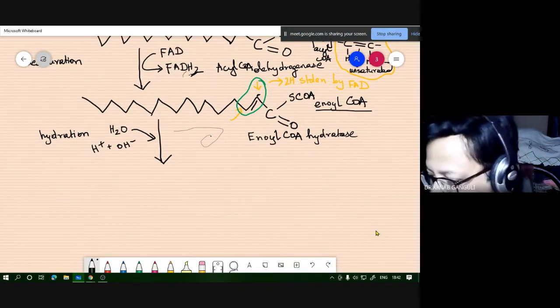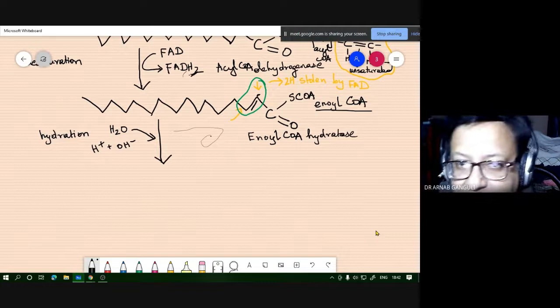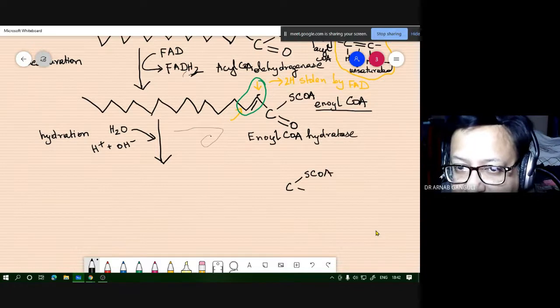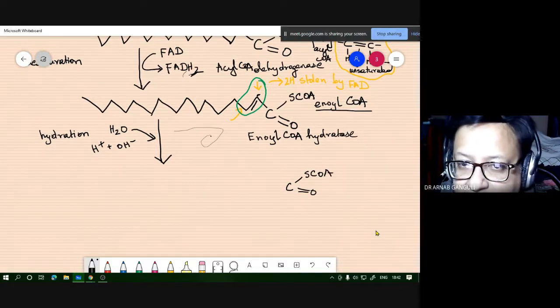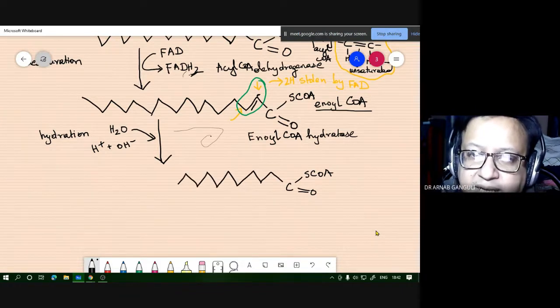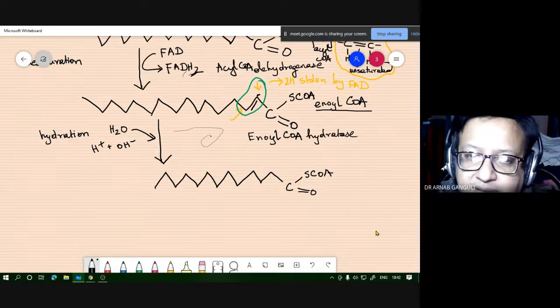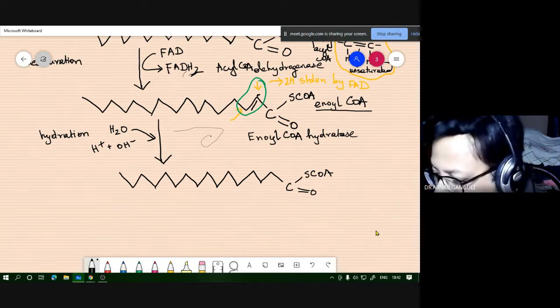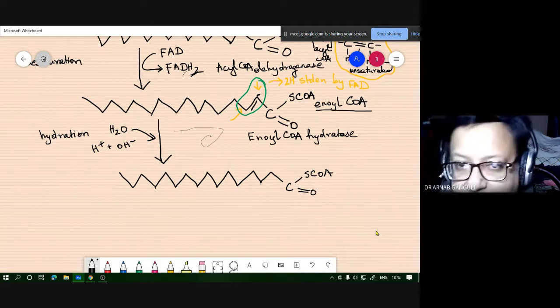Now, what happens is, let's draw the structure again. S-CoA, 1, 2, 3, 4, 5, 6, 7, 8, 9, 10, 11, 12, 13, 14, 15, 16. So the double bond was here. This double bond is removed.